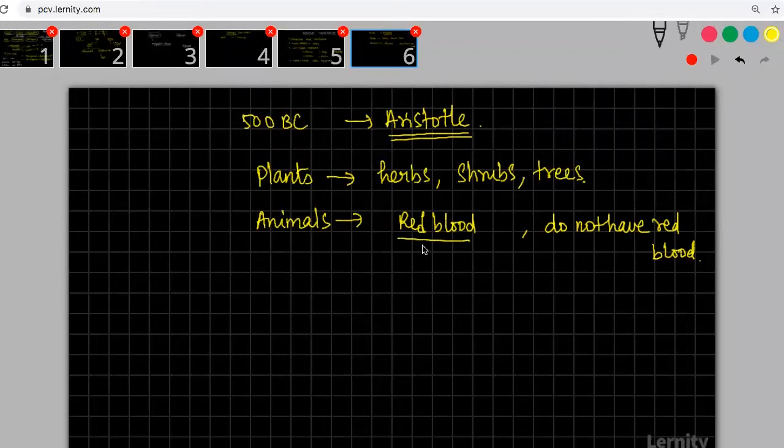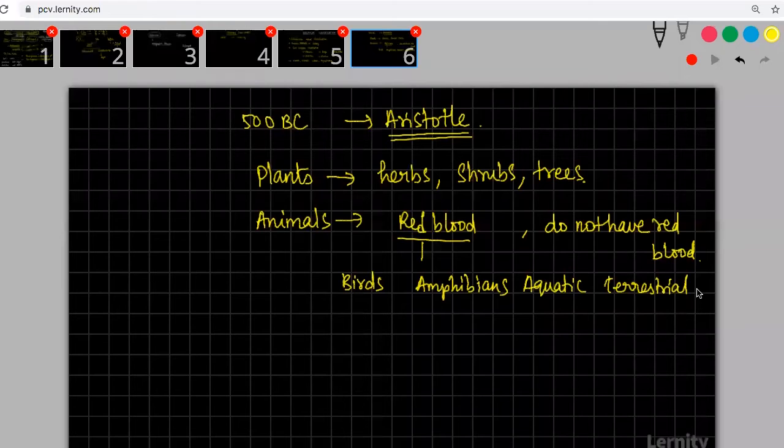So in red blood, whatever was there, he was classifying them into birds, amphibians, aquatic animals, and terrestrial animals. Like that, he was classifying, based on the location where it is living. So this was the earliest attempt at classification, first of all. Grouping organisms into different categories was first done by Aristotle.